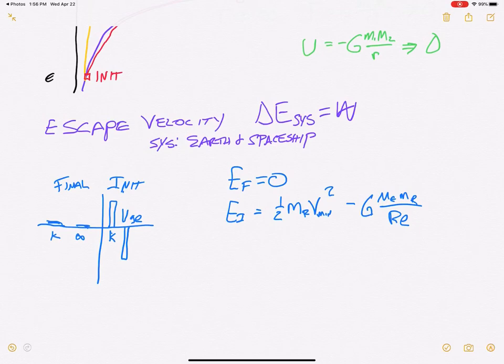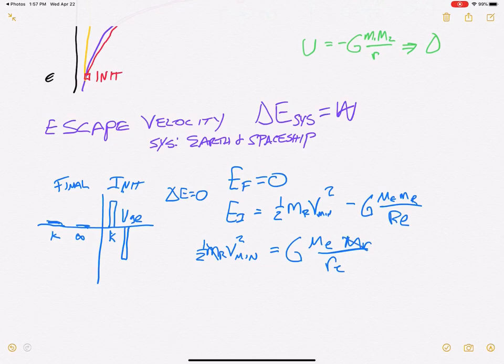When we set delta E equal to 0, E initial is the only thing with terms. So I get 1/2 mass of the rocket, v minimum squared, equals G mass of the Earth, mass of the rocket, over the radius of the Earth. The mass of the rocket turns out to be irrelevant.